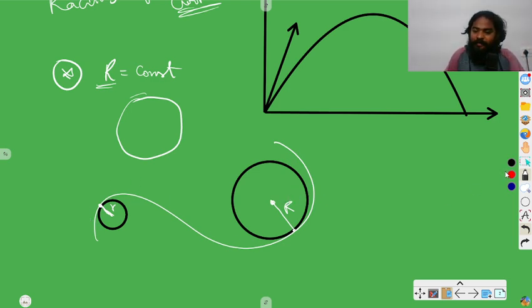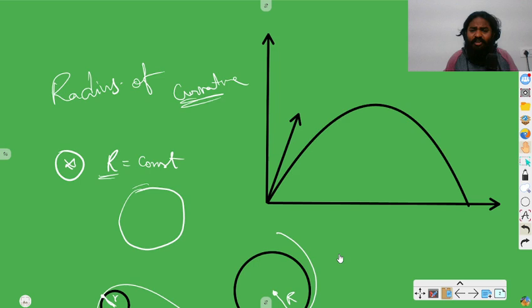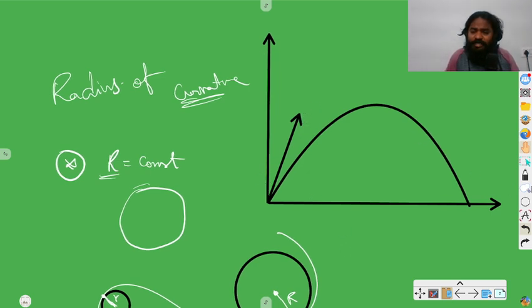In JEE Mains and Advanced, they very importantly ask while projecting an object. They'll give the data, how much initial velocity they have projected and at what angle, and they'll ask what is the radius of curvature after time t, or at the maximum height.